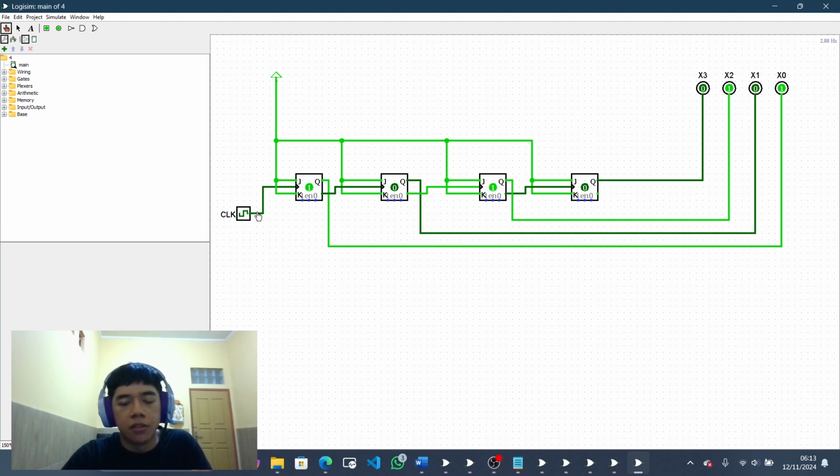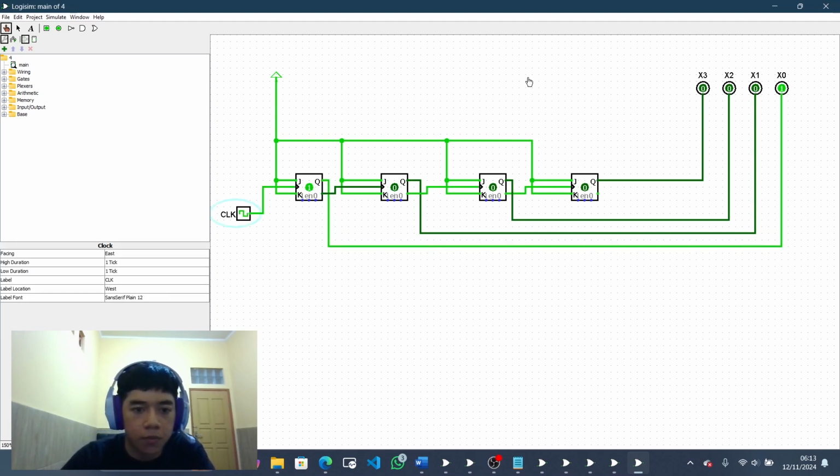And the delay here is actually pretty simple. So let's reset it. When you first set the clock to edge trigger positive, it activates the Q here.